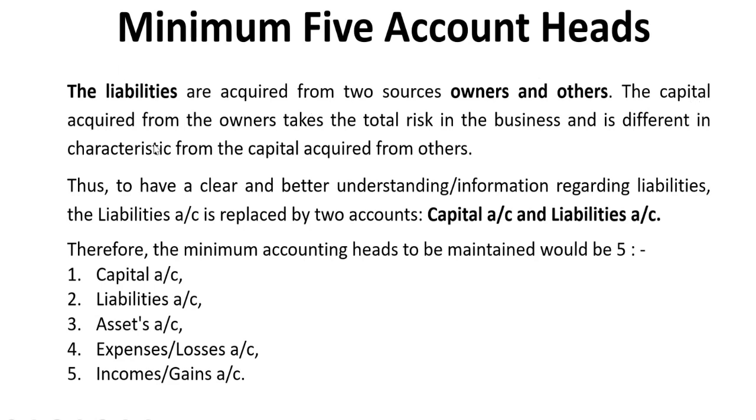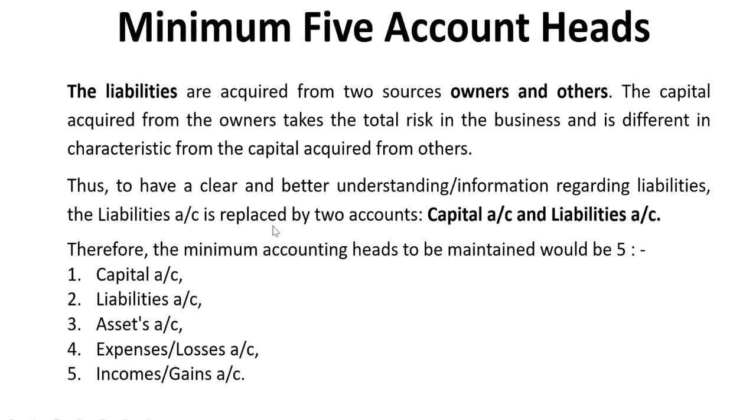The capital acquired from the owner takes the total risk in the business and is different in characteristics from the capital acquired from others. Yes, the capital acquired from the owner is known as owner's equity, and the money acquired from outsiders is known as a liability.